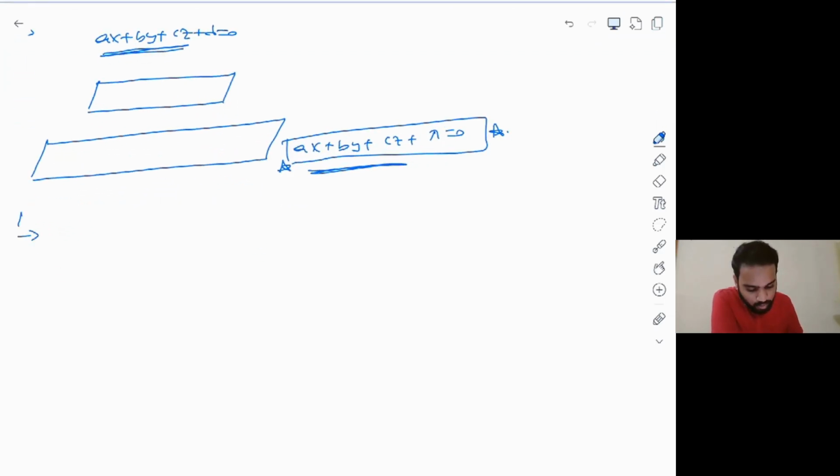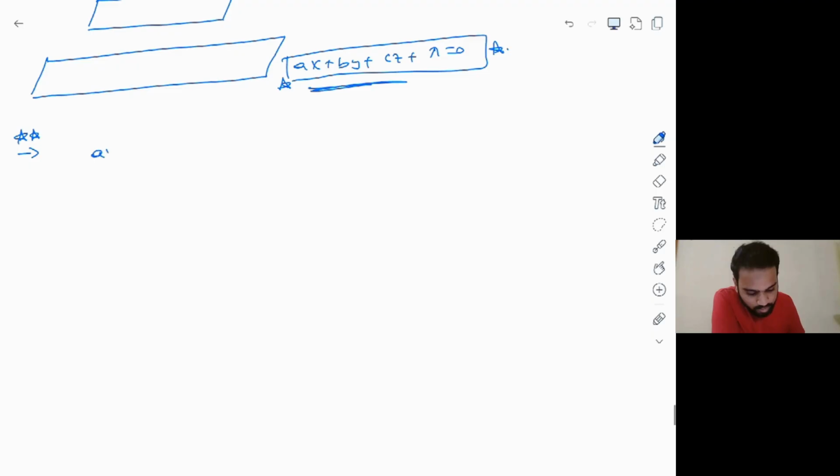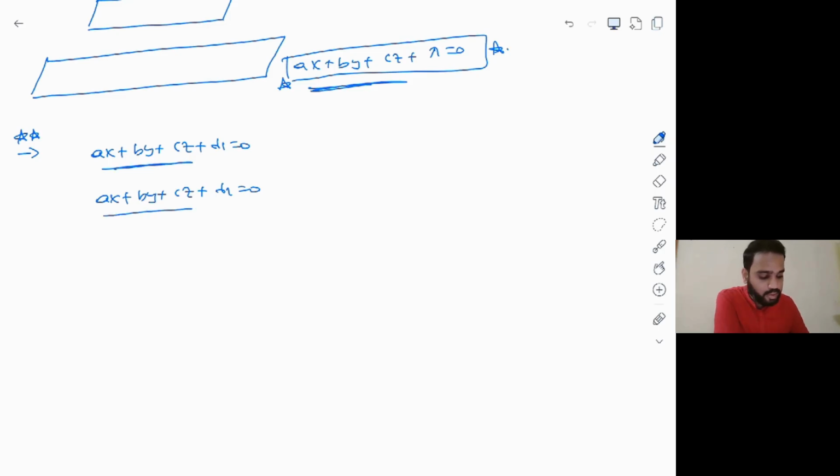And then next important thing, if there are two parallel planes, for example, ax plus by plus cz plus d1 is equal to 0, and then ax plus by plus cz plus d2 is equal to 0. I made sure the coefficients of x, y, z are the same because I'm trying to indicate the two planes are parallel to each other here.